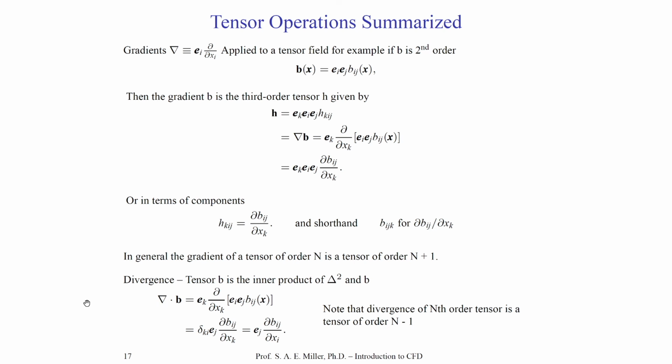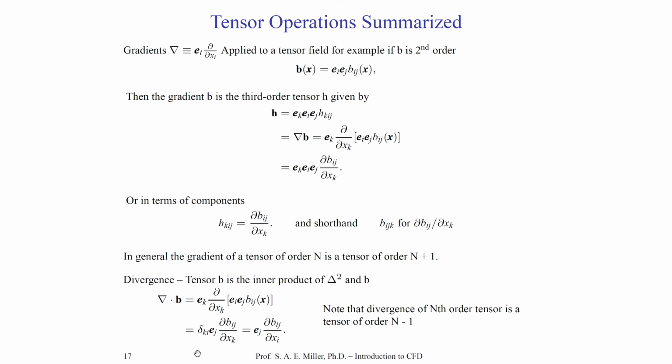Divergence will be a tensor, of course, b with the inner product of nabla and b. For example, nabla inner product of b will be equal to the Kronecker delta function delta_ki e_j partial b_ij partial x_k, which will be equal to e_j partial b_ij partial x_i.